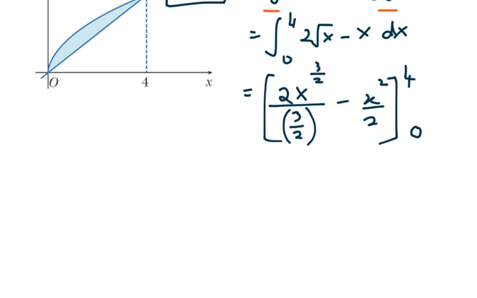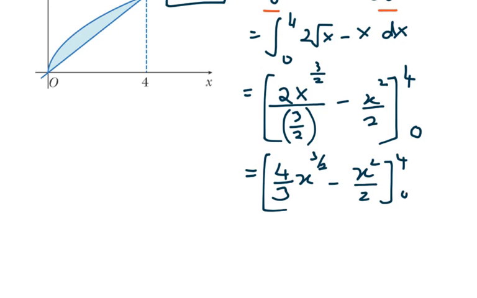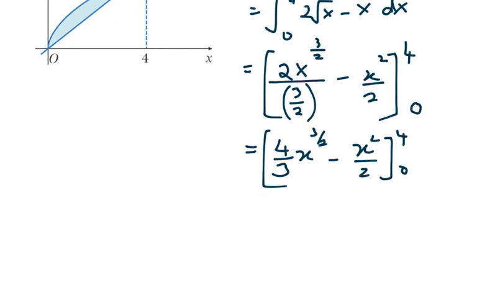Simplify the equation. You will be getting 4 over 3 x to the power of 3 over 2 minus x squared over 2. Now substitute the limits in the equation.